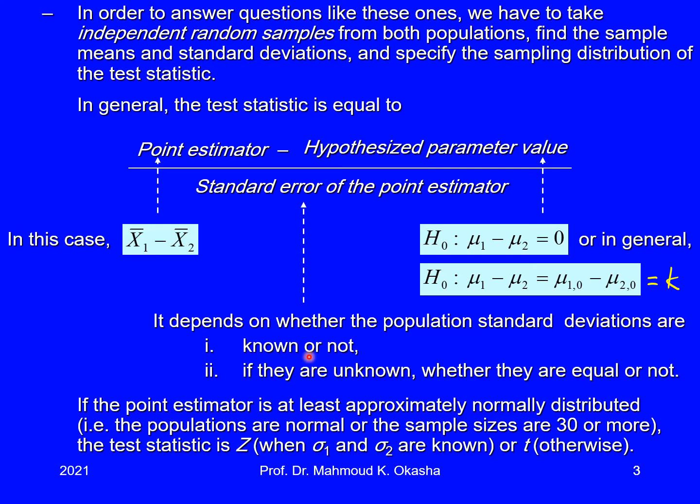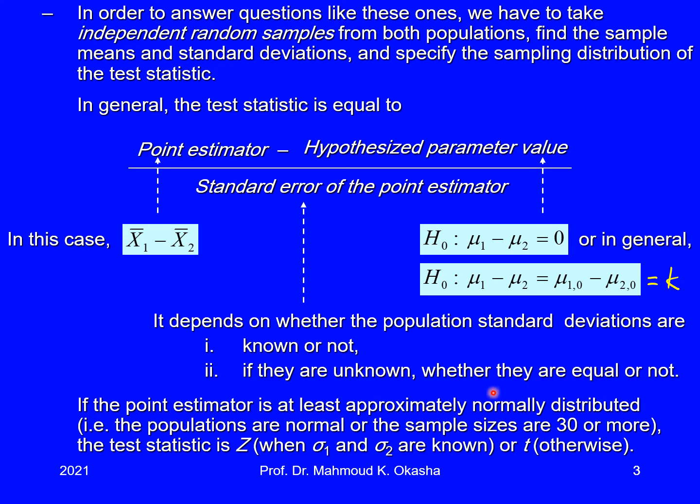As we mentioned in earlier sessions, as long as the sample size is big, z and t will be the same. And if the p-value is very small, less than 5%, we reject the null hypothesis at the 5% significance level.